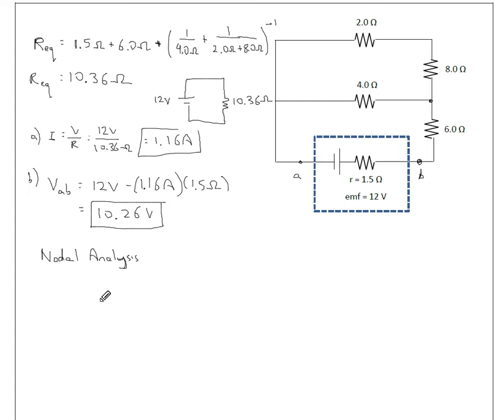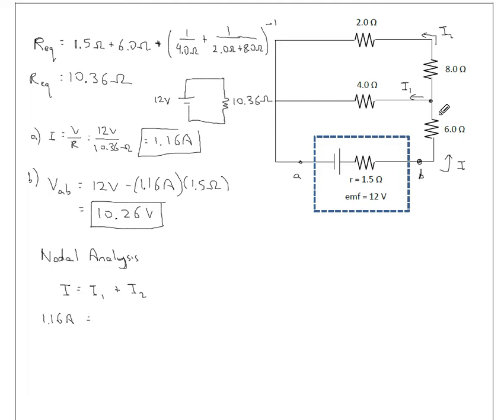But using nodal analysis, I can say, okay, I have some current I, and that's going to split into I1 and I2. So I is equal to I1 plus I2. We just solved for I, so 1.16 amps.